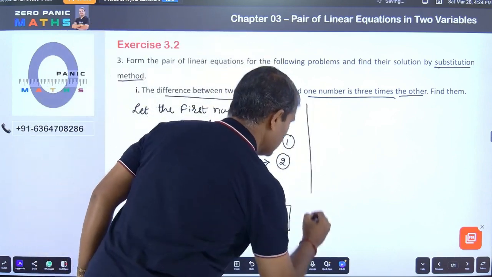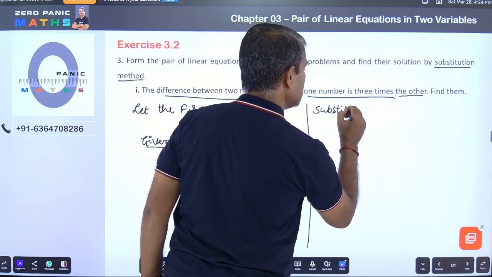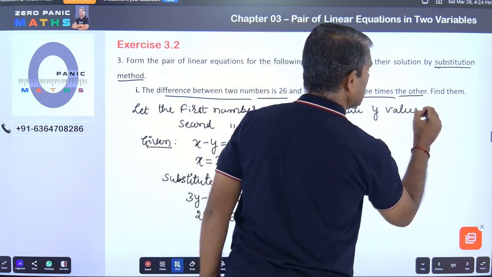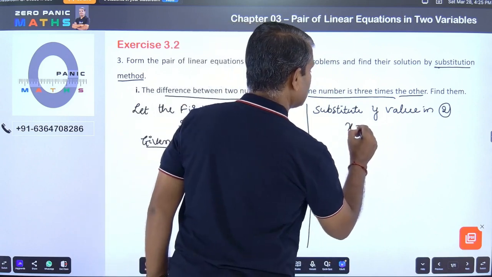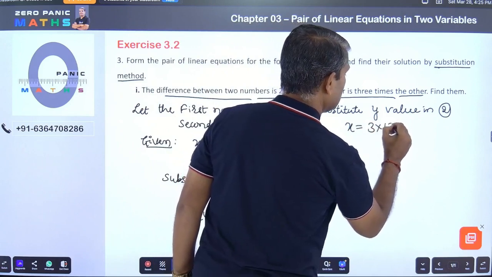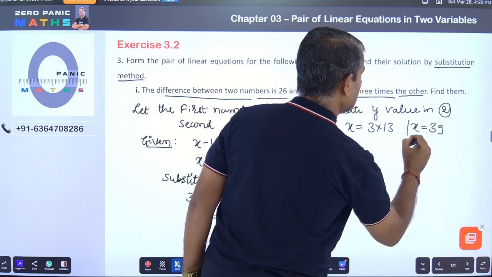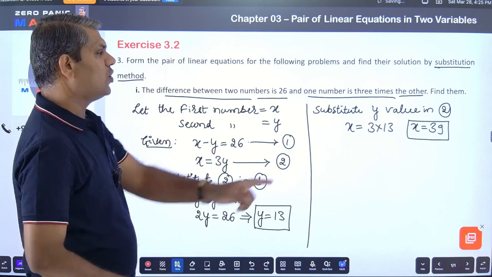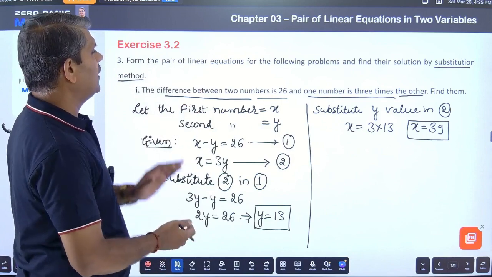Simply substitute the y value in equation 2, and it gives x is 3 times y, that is 3 into 13. So x is equal to 39. 13 threes are 39. So x is 39 and y is 13, which is the answer for this problem.